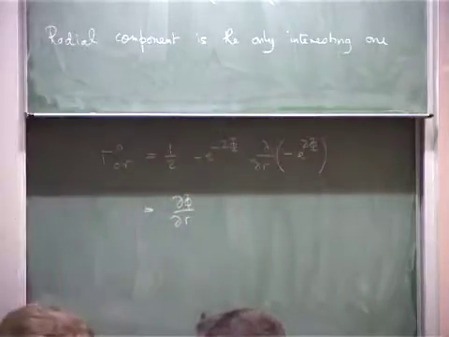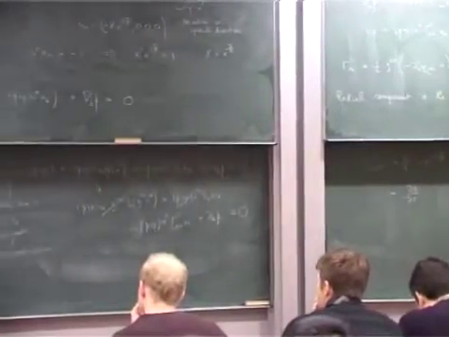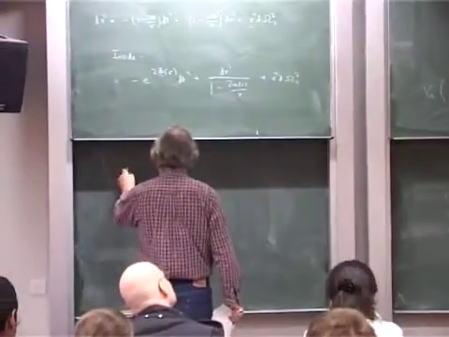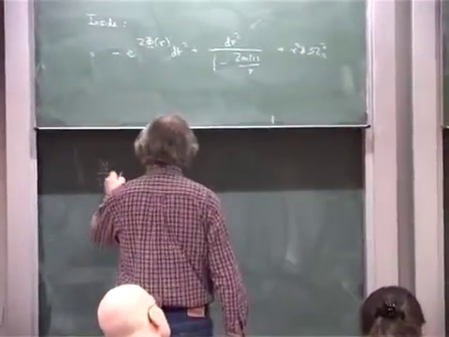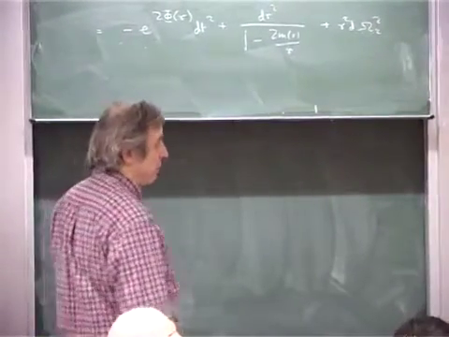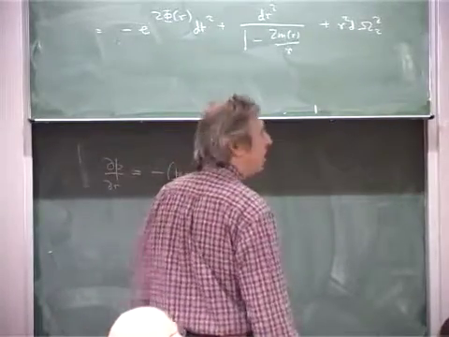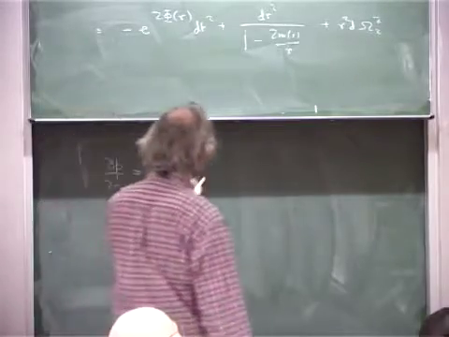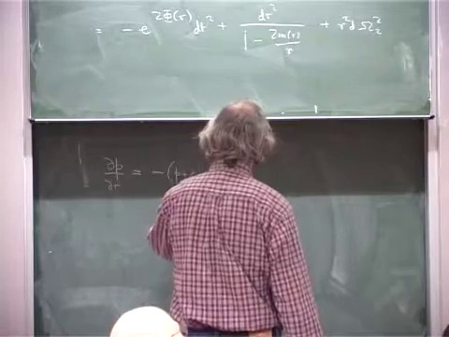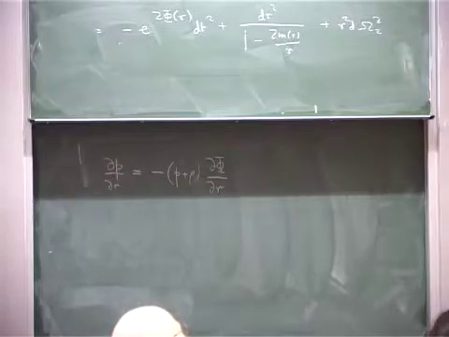Let's write this over here. dp/dr is equal to minus (P + rho) times d phi/dr. That equation ought to look fairly familiar to you.